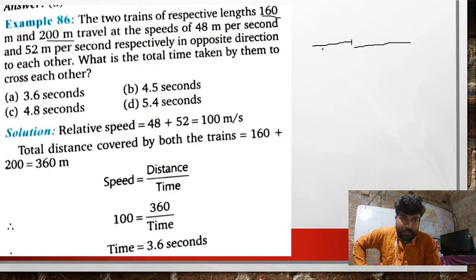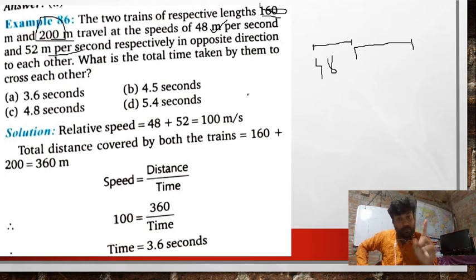So the first train is 160 meters, and the second train is 200 meters. The first speed is 48 meters per second, and the second 52 meters per second respectively, in opposite direction.